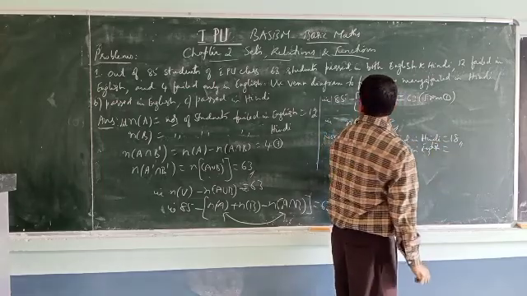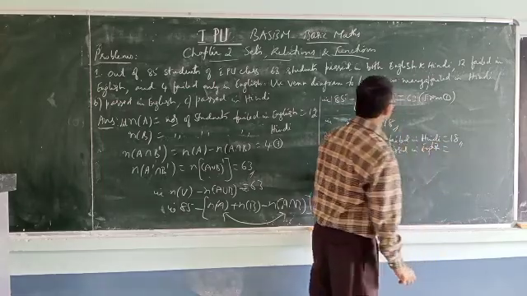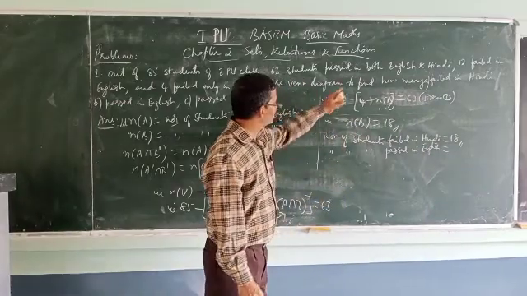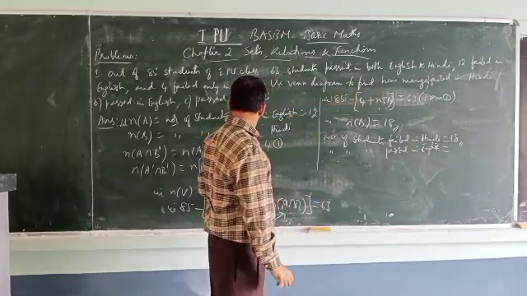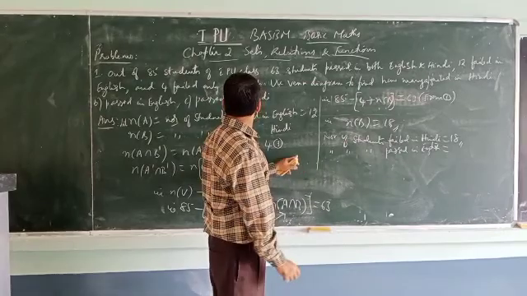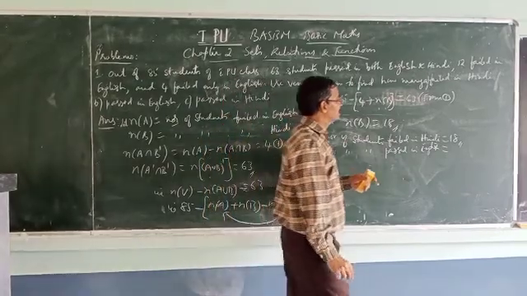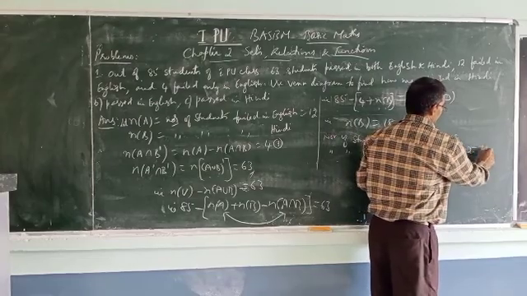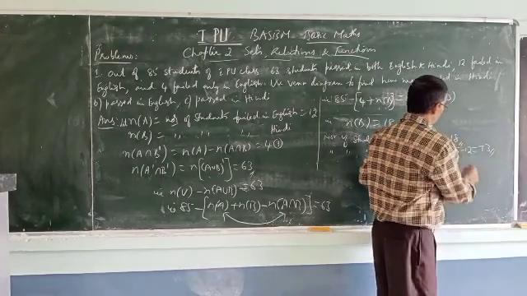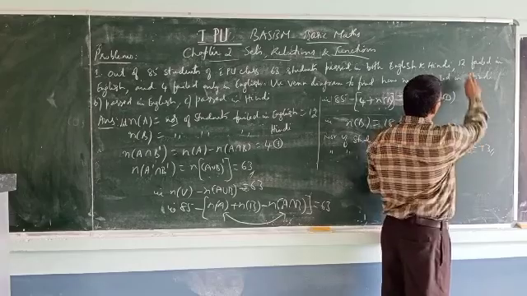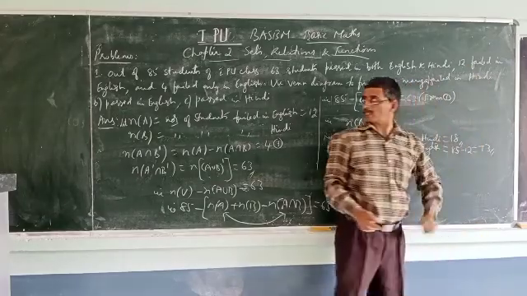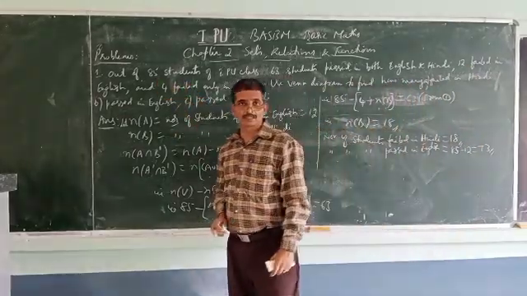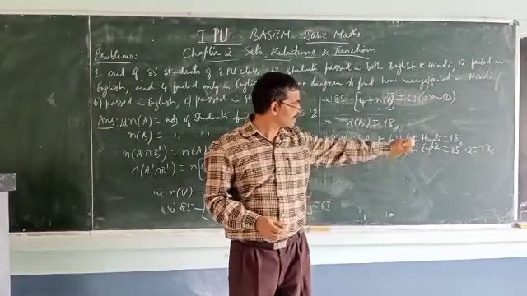How many passed in English? Failed in English is 12, so passed in English is 85 minus 12, which is 73. Total is 85, so 85 minus 12 is 73.